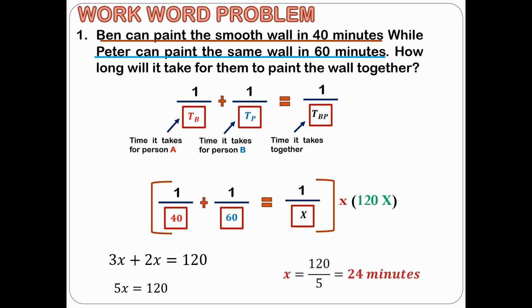Solving for x, we get x is equal to 120 divided by 5, which is equal to 24. So the time it takes for Ben and Peter to finish the job if they work together is 24 minutes.